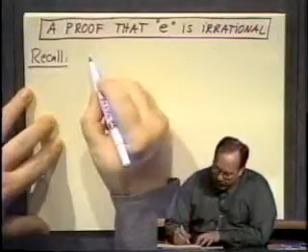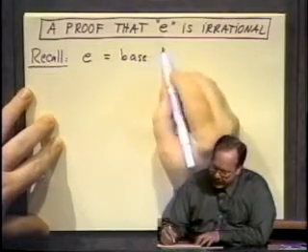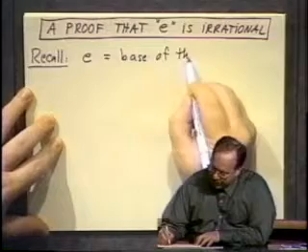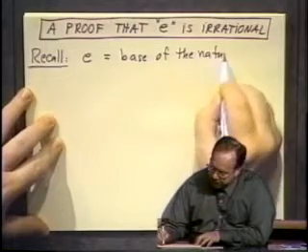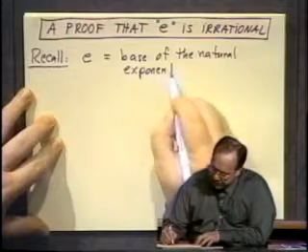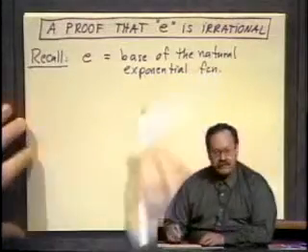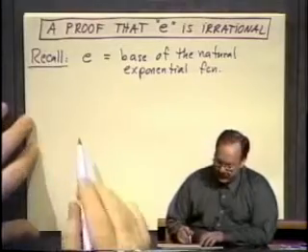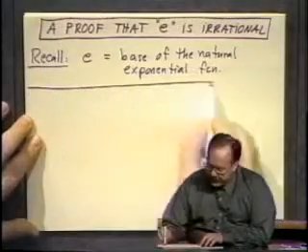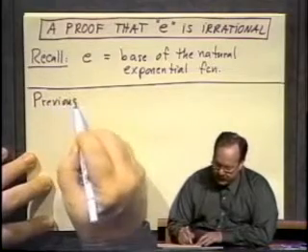First, let's recall that e was the base of the natural exponential function, and it also then became the base of its inverse, which was the natural logarithmic function. The previous definition that we had of e, I want to remind you how we defined it.